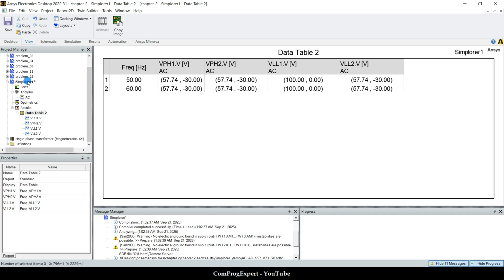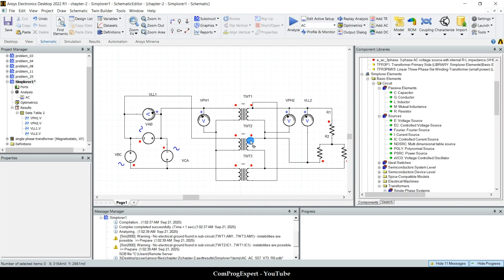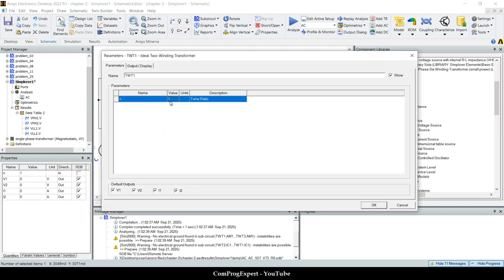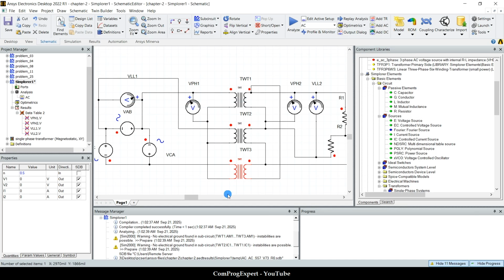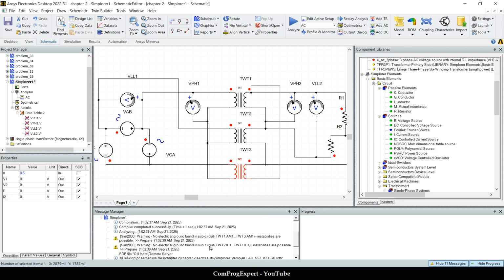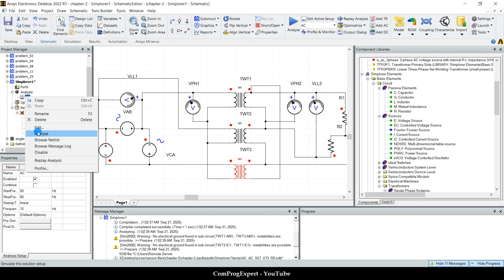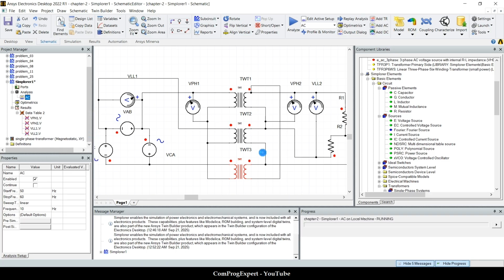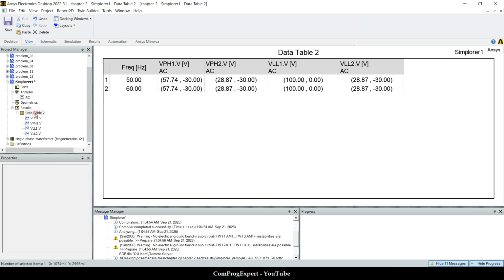Also, you can check the turns ratio. Let's consider the turns ratio equal to 0.5. You know that this is N2 divided by N1. So here, in this case, the A is 2, right? The definition of turns ratio is different in a simple order and in this reference that we have. So if I repeat the analysis again, we can check the numbers.